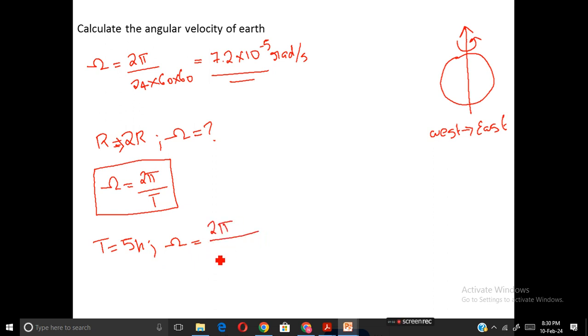Then what will be the angular velocity? 2 pi by 5 into 60 into 60.